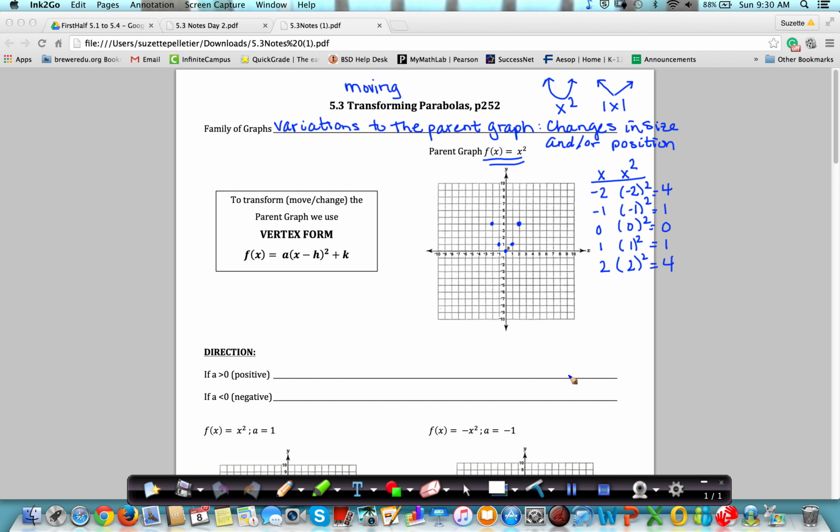We've talked about this a few times, the fact that the first point away is usually pretty close to the vertex. They usually form this triangle when they're not stretched or shrunk. And then the very next one is over 2, up 4, then over 3, up 9, because we're squaring the 3.